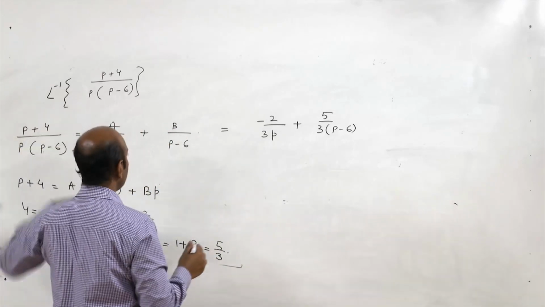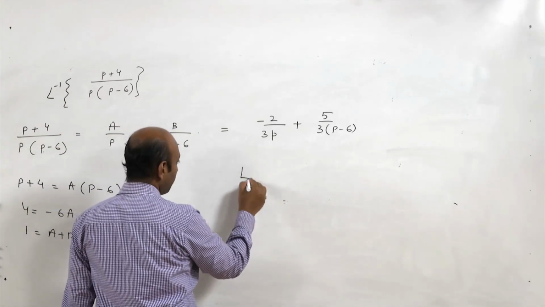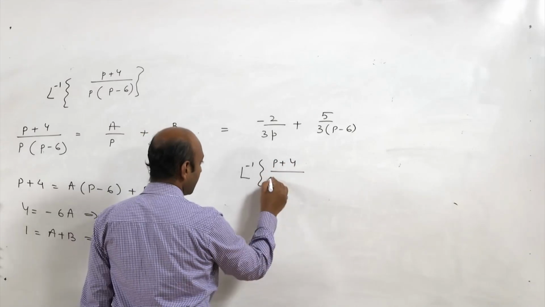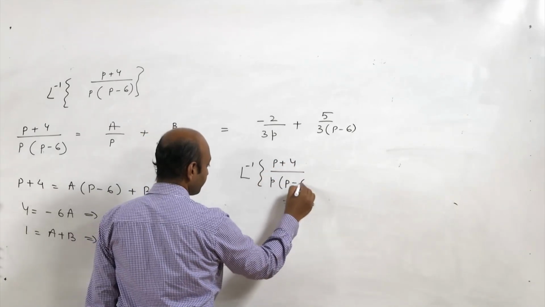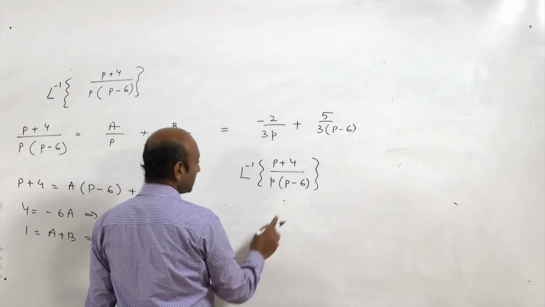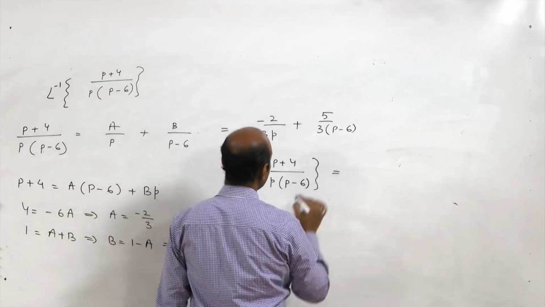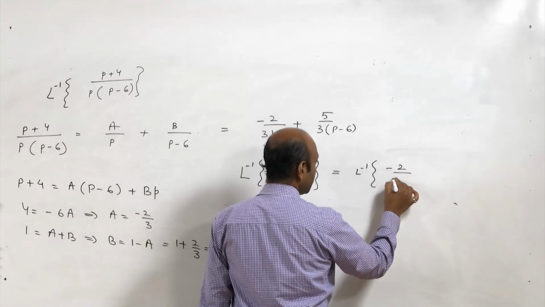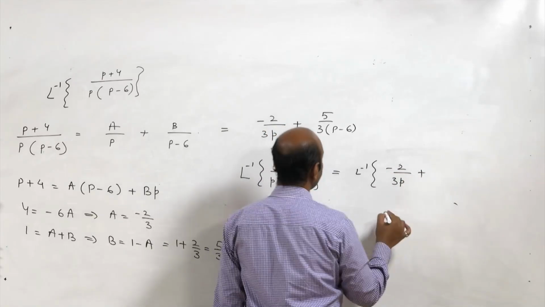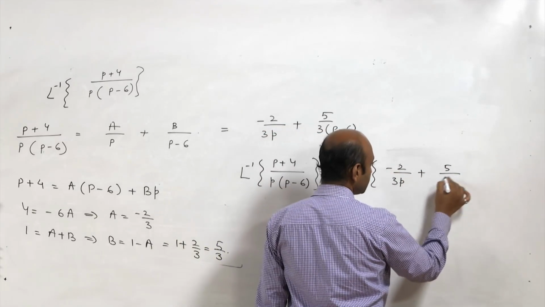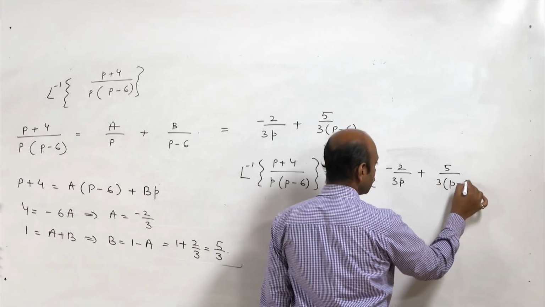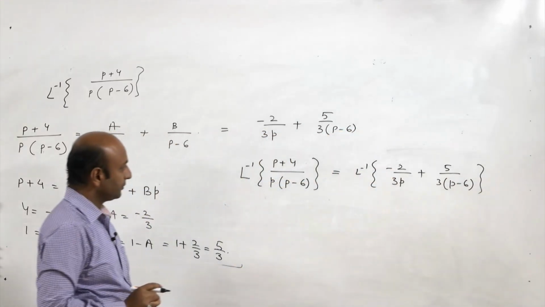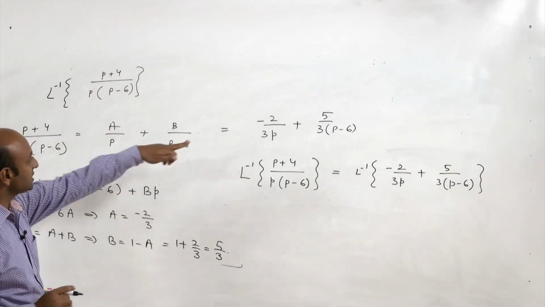So the Laplace inverse of (p plus 4) upon p into (p minus 6) is nothing but Laplace inverse of minus 2 by 3 times 1 upon p plus 5 by 3 times 1 upon (p minus 6), because this expression is equal to this expression.